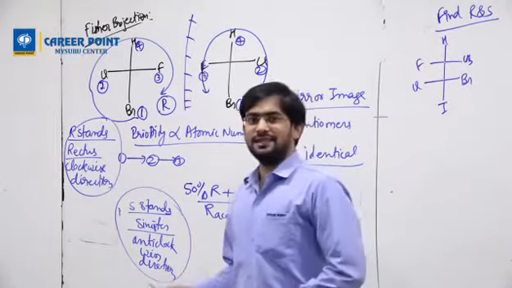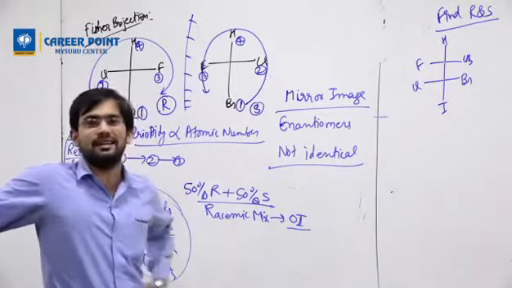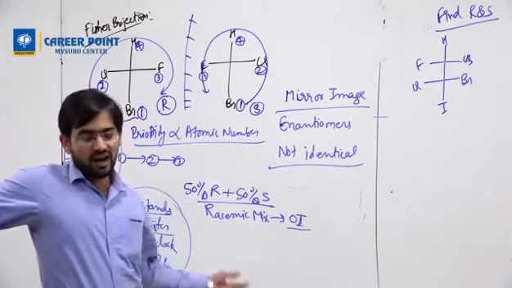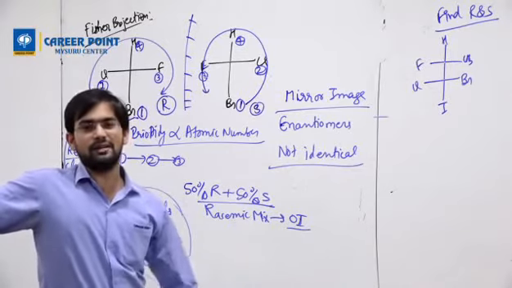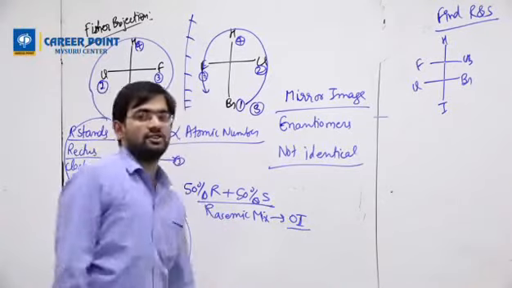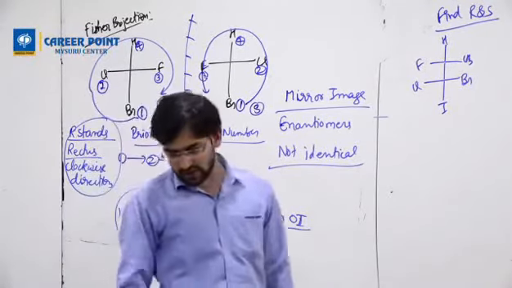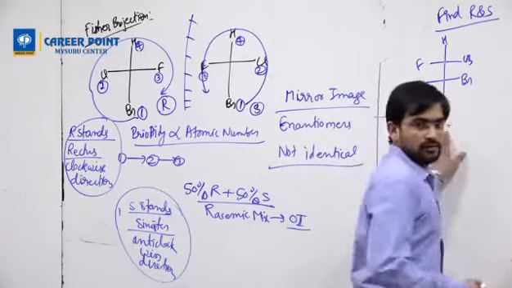You must have studied that optically active compounds rotate plane polarized light in a clockwise or anti-clockwise direction. R and S have a measurement. R will tell it will rotate in the clockwise direction. S will tell it will rotate in the anti-clockwise direction. Right. So we'll do 1S and 2S. We'll find out.